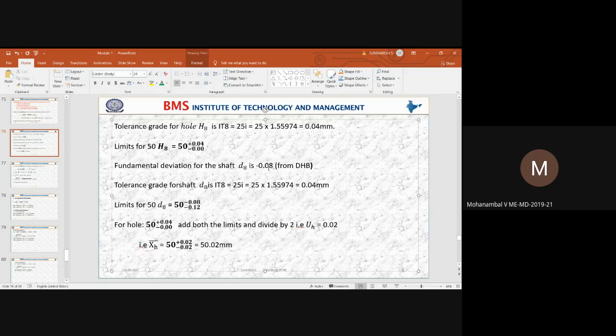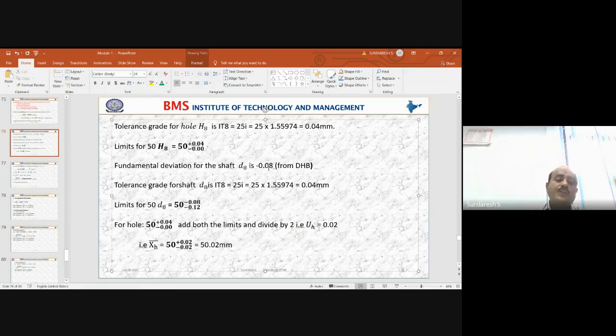Got it, my dear students? Yes, sir. Make it quick. Next, the fundamental deviation for the shaft D8 is minus 0.08, again from the data handbook.